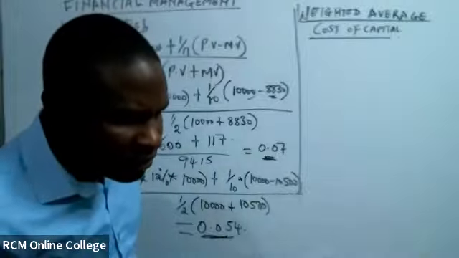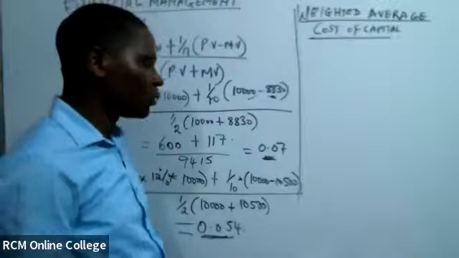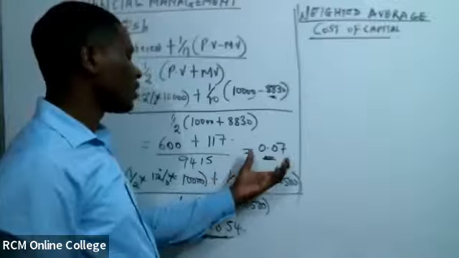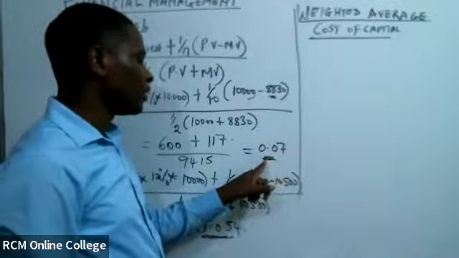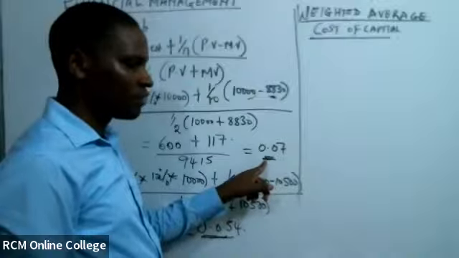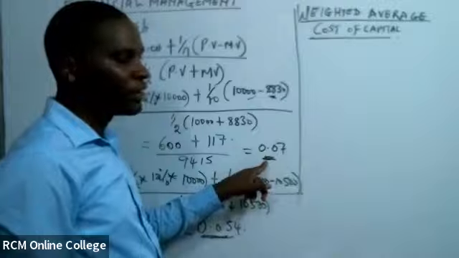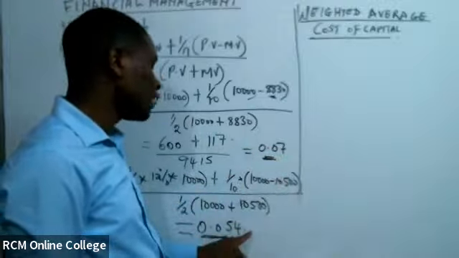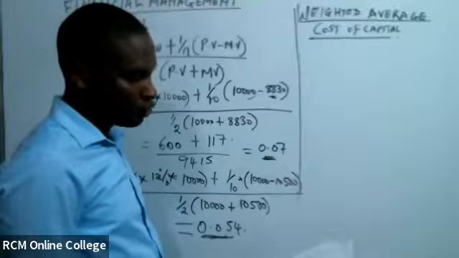Semi-annually will not affect. Then the N. Yes, that's what we said. But later, if you want to get this rate or this yield to maturity as a per annum, you multiply this by 2.